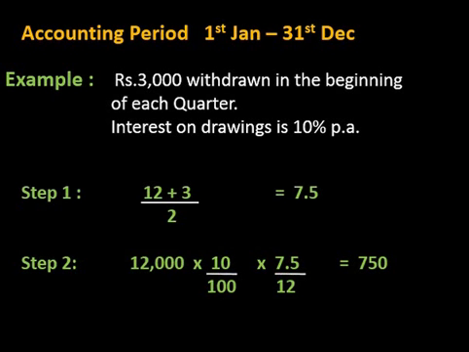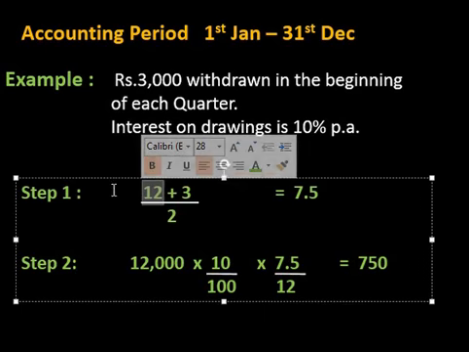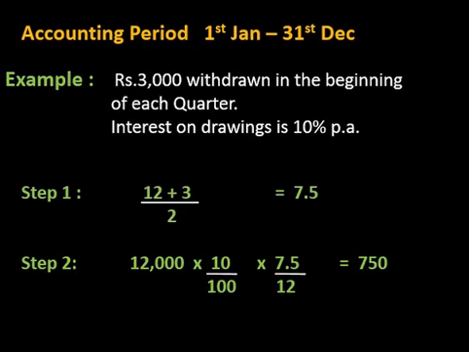So I'm going to follow my steps. Step 1 is time after first drawing. The first drawing is made on 1st Jan because the first quarter begins from the 1st Jan. If the first drawing is made on the 1st Jan and I have to see till 31st December, there are 12 months. So I'm writing here 12 months, time after first drawing. Now I have to see time after last drawing.